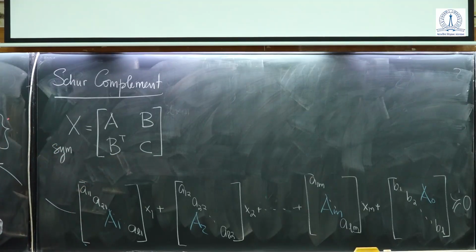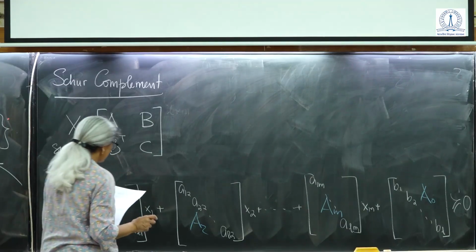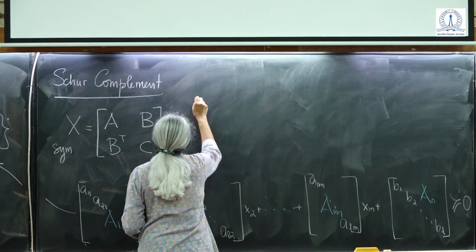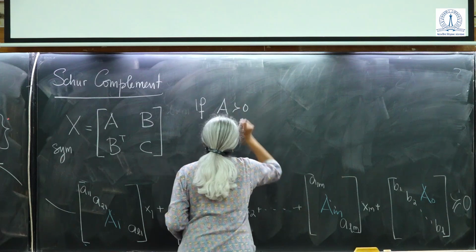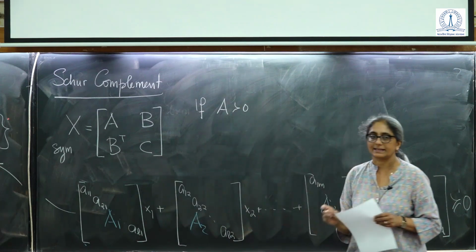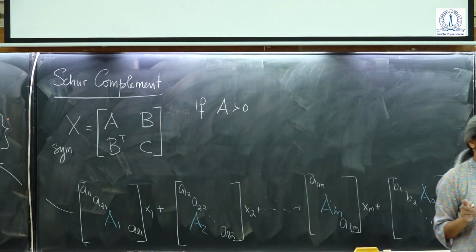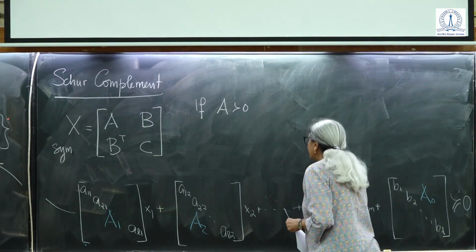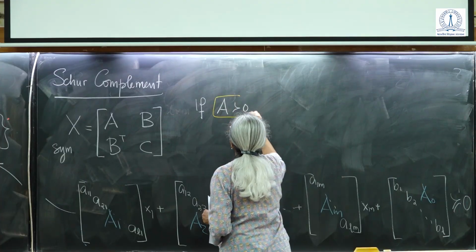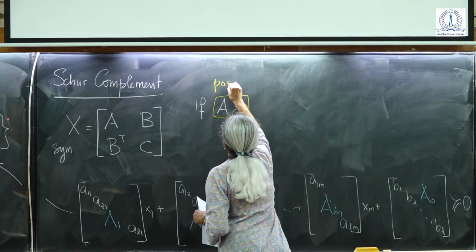So if that's the case, we're given this, and the claim is that if the first block A is positive definite. Okay, positive definite means that the eigenvalues are strictly positive. Okay, so this is the inside of the PSD cone.